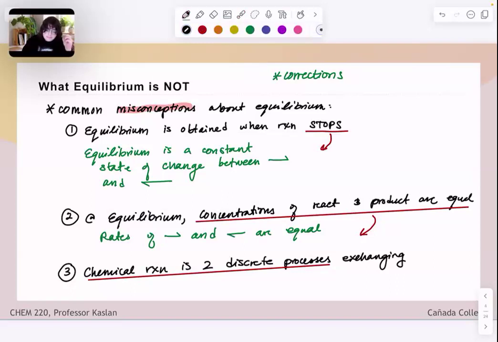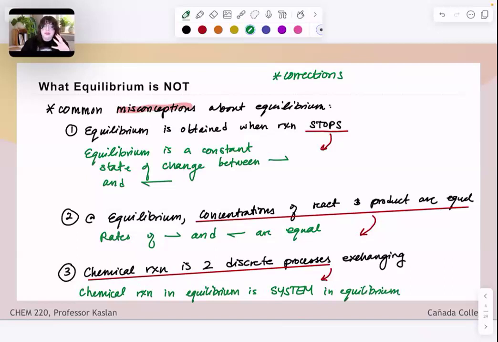It is better, I think, for us to correct this misconception by giving ourselves more clear language where we recognize that the chemical reaction in a state of equilibrium is a system in equilibrium.